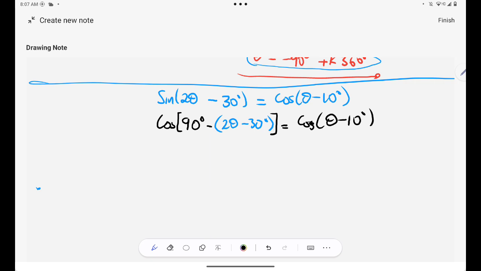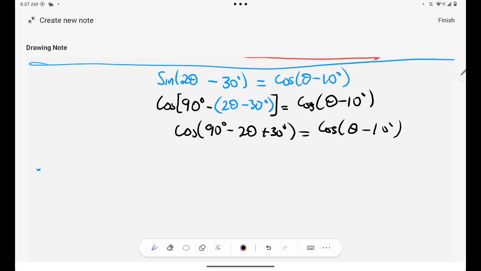Are you together? So on the left hand side I'll have 90 minus 2 theta plus 30 is equal to the cos of theta minus 10.